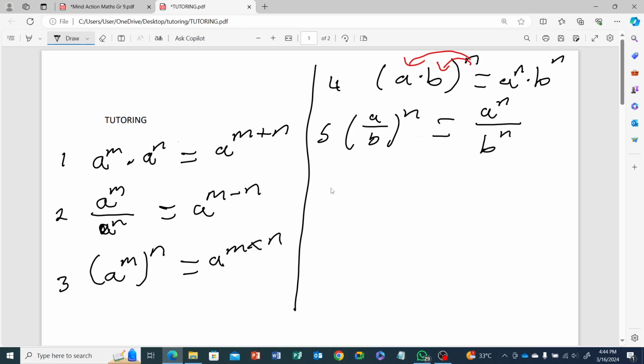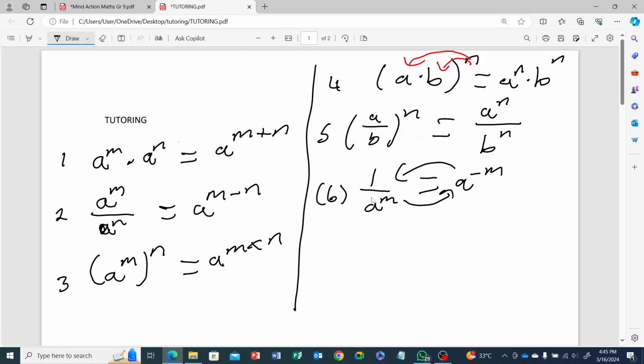And again, for additional purposes, this is like a raised to the 0. If you have 1 over a exponent m, this is equivalent to a raised to the negative of m. And you can also reverse it. So this is reversible. You need to know this.